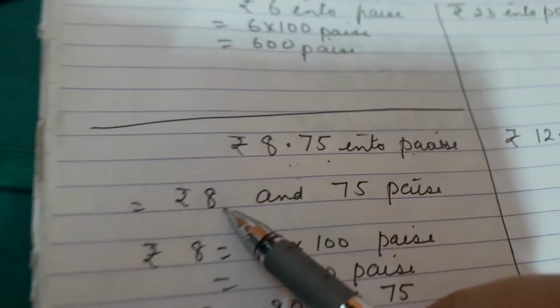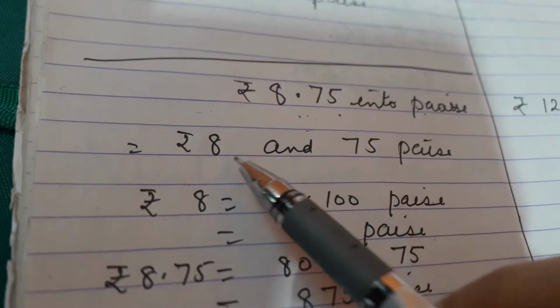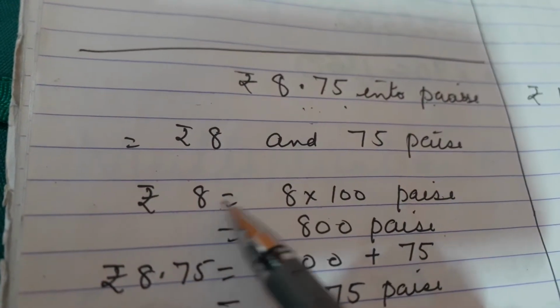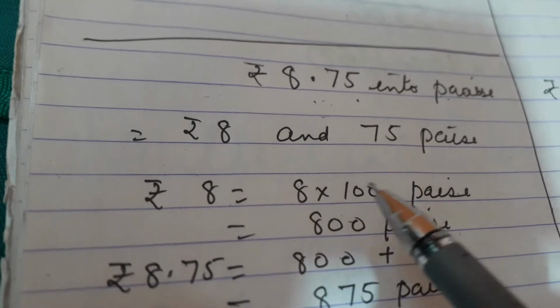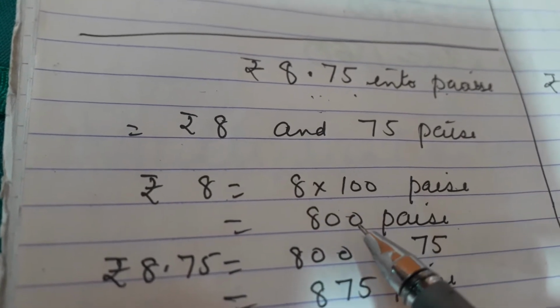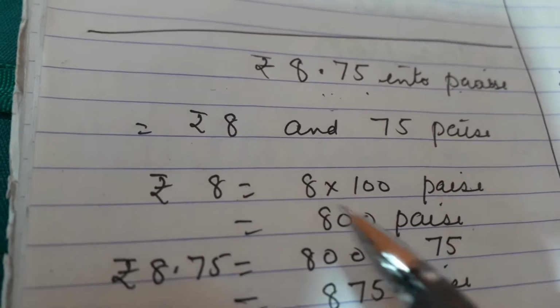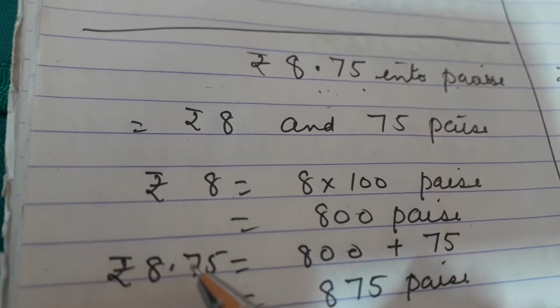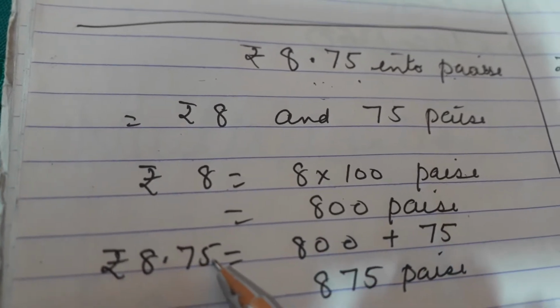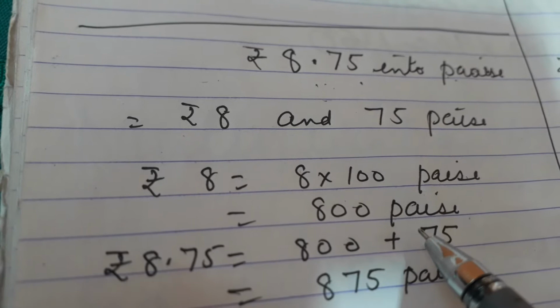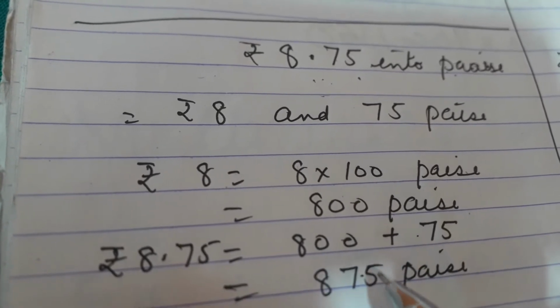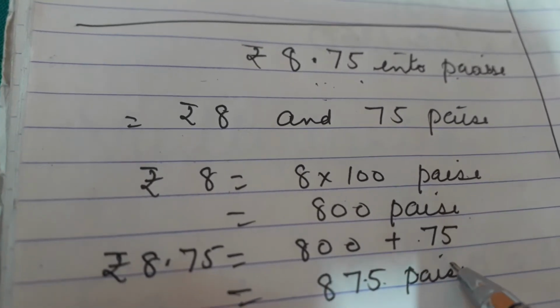We have to just convert 8 rupees into paise. So we will multiply 8 by 100, and 8 multiplied by 100 is equal to 800. 8 rupees is equal to 800 paise. So 8 rupees 75 paise is equal to 800 plus 75, which is 875 paise.